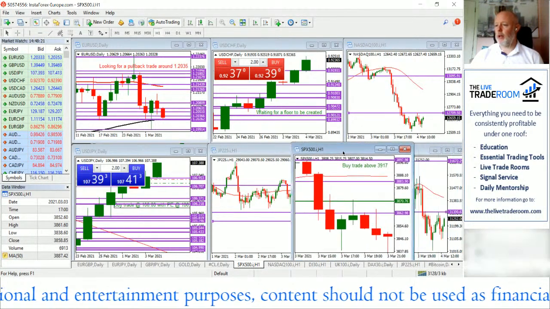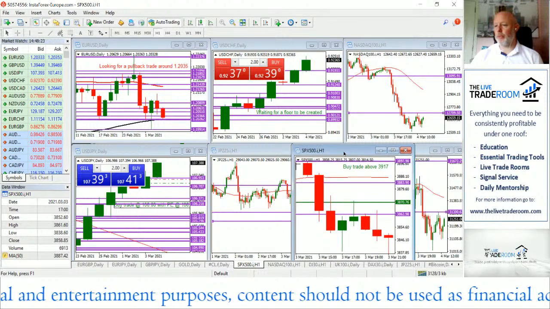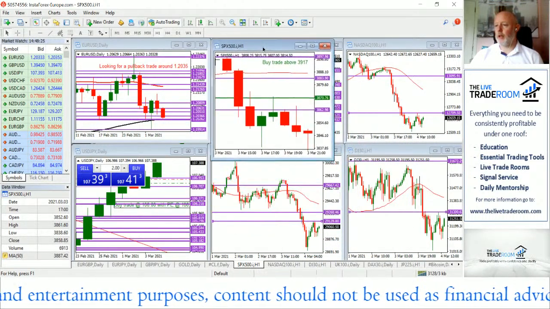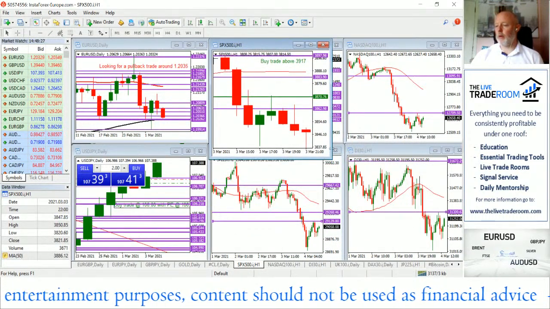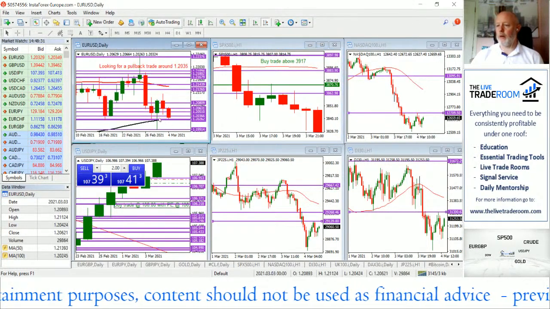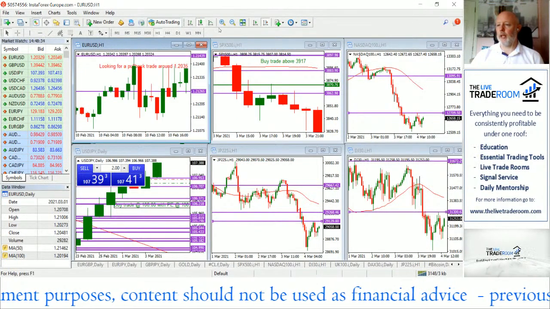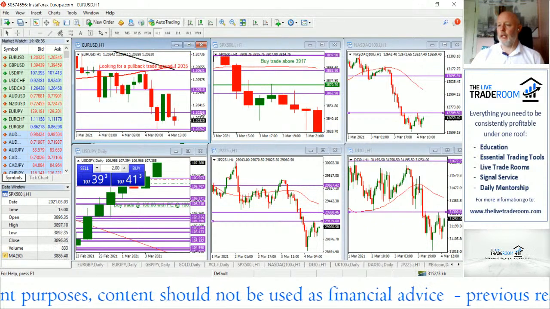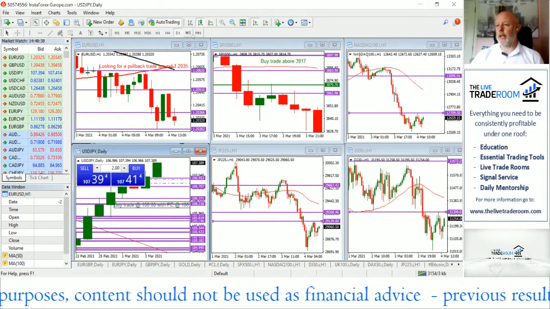Let's have a look at all of the equity markets across the board, and we'll take the dollar Swiss off the table for the time being, and we'll look at the euro at these smaller levels, and Japanese yen.